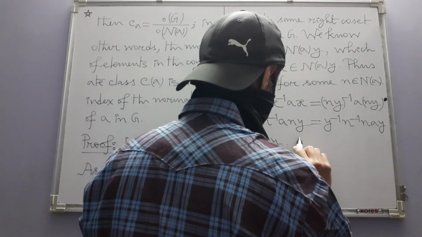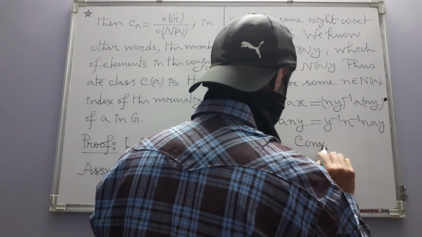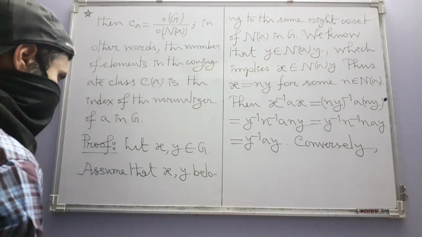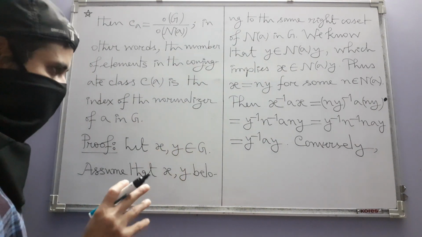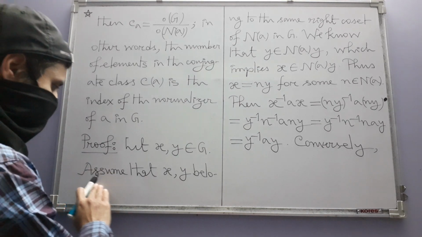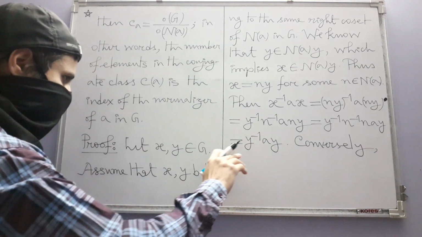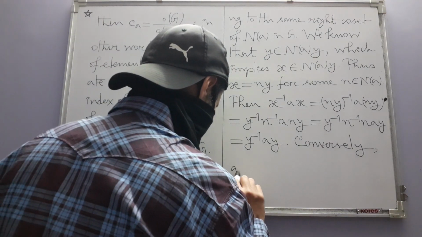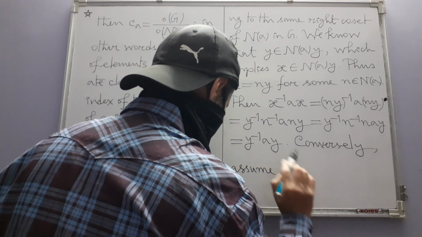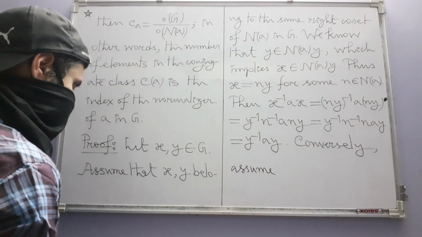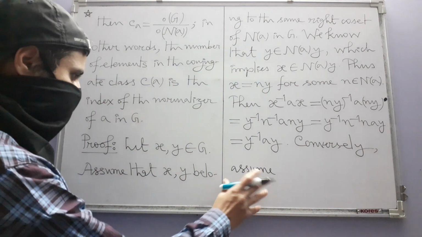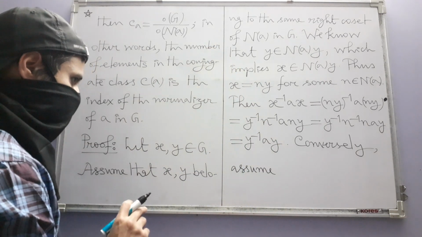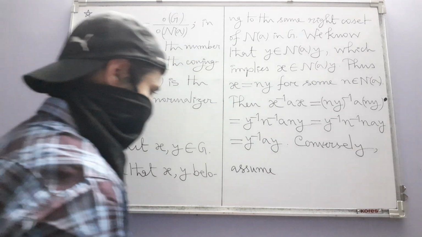Now conversely, so x and y still remain x and y. Under this assumption, we proved this. Now we are going for the converse. Conversely, assume, or okay, we may confuse ourselves here with the things we have here. So let me take new elements.